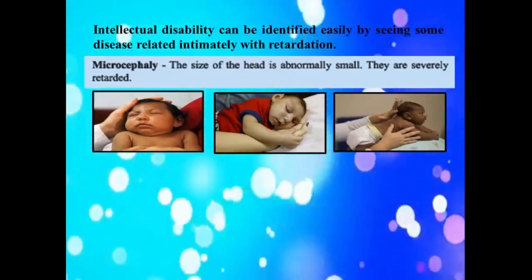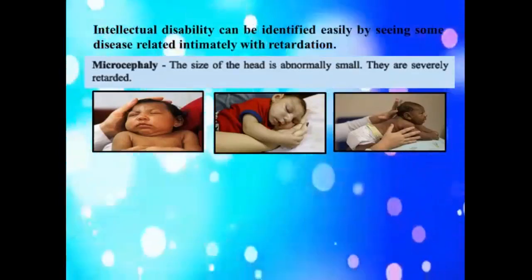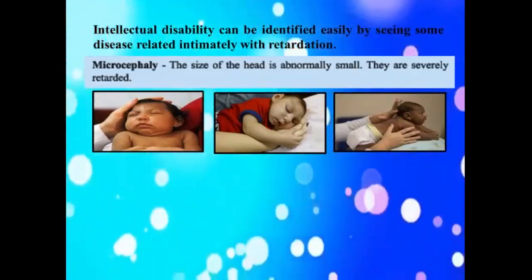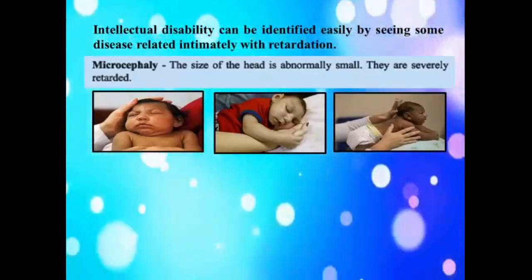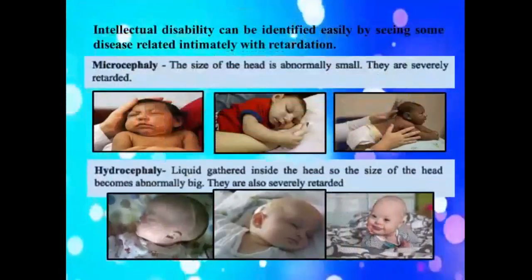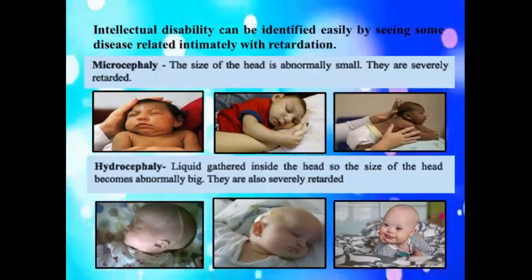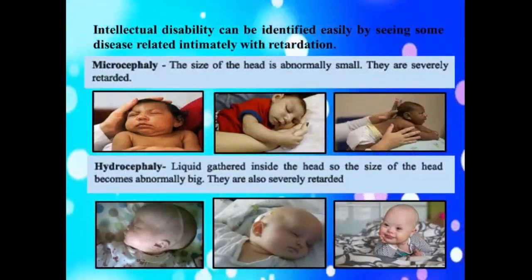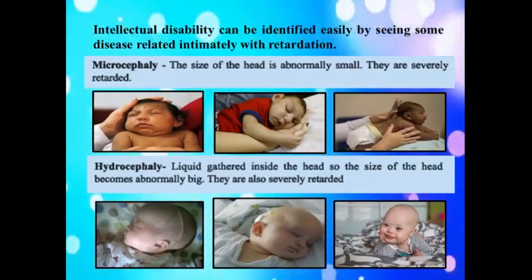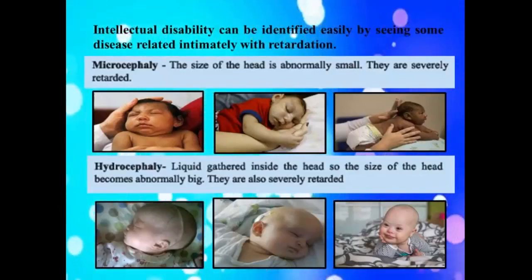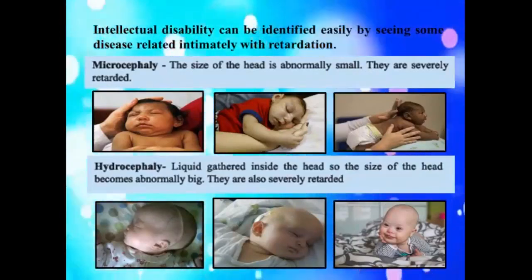In this case, the size of the head is abnormally small and they are severely retarded. What is hydrocephaly? Liquid gathers inside the head, so the size of the head becomes abnormally big. They are also severely retarded.